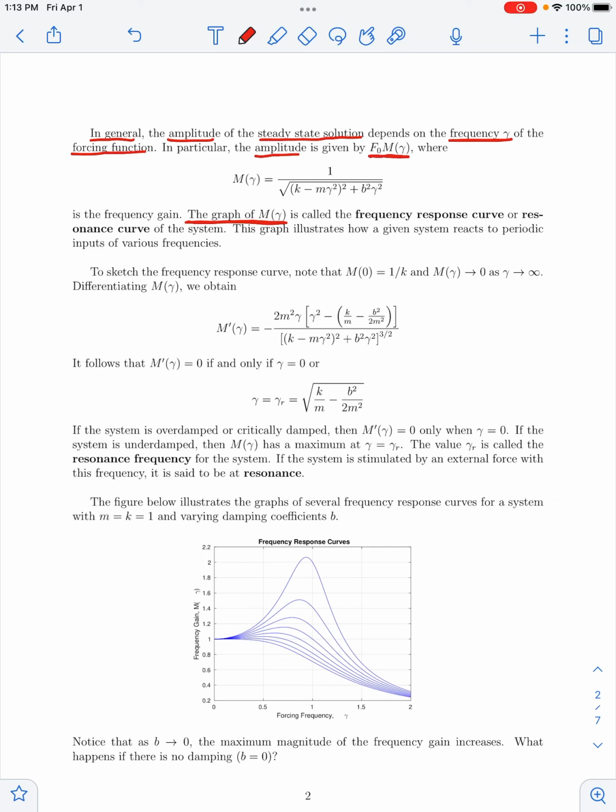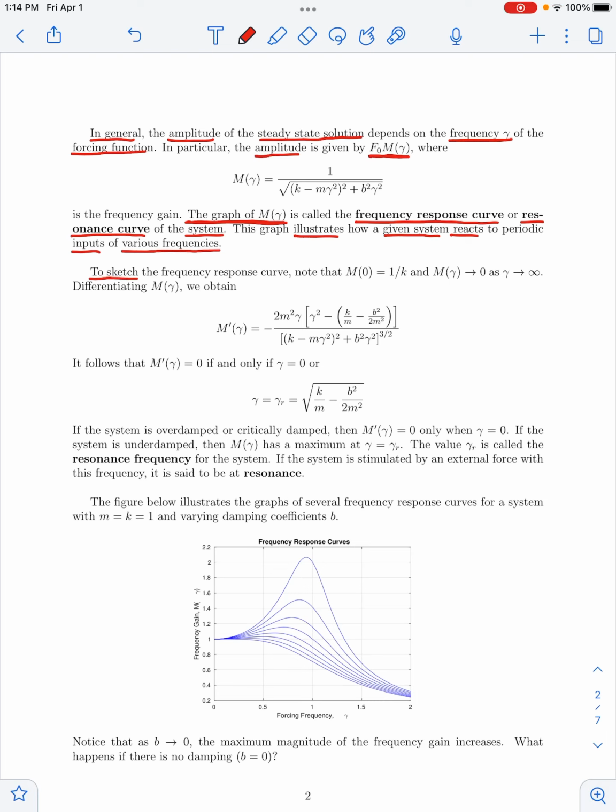So the graph of this function is called the frequency response curve, or sometimes the resonance curve of our system. And this graph illustrates how a given system would react to periodic inputs of different frequencies.